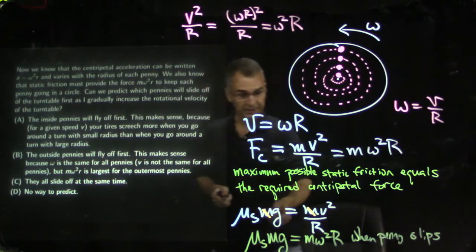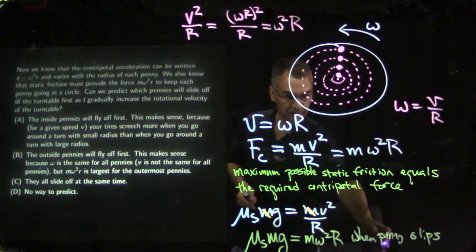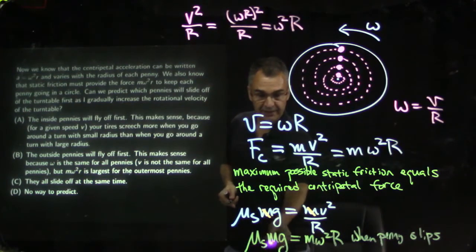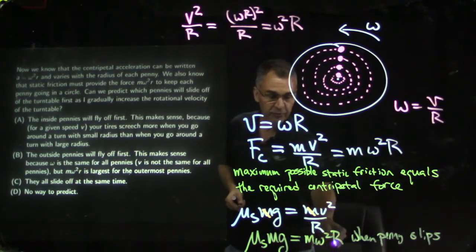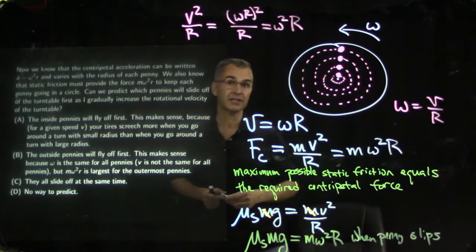Well, I think, you see, when a given penny slips, it's going to have mu static mg, that's the maximum possible static force, equals m omega squared r, which is the centripetal force that static friction needs to provide to keep the penny going in a circle.